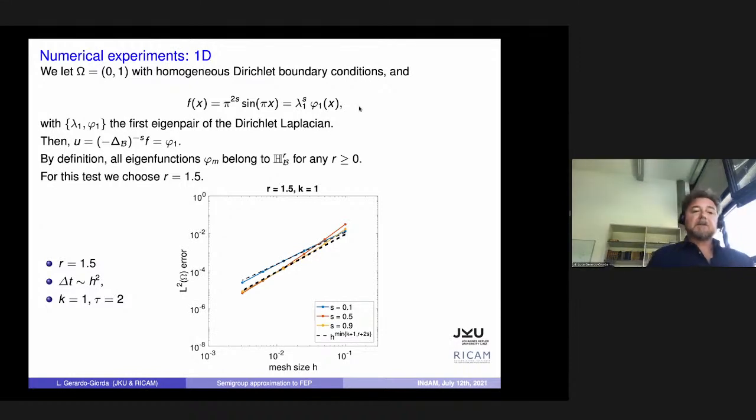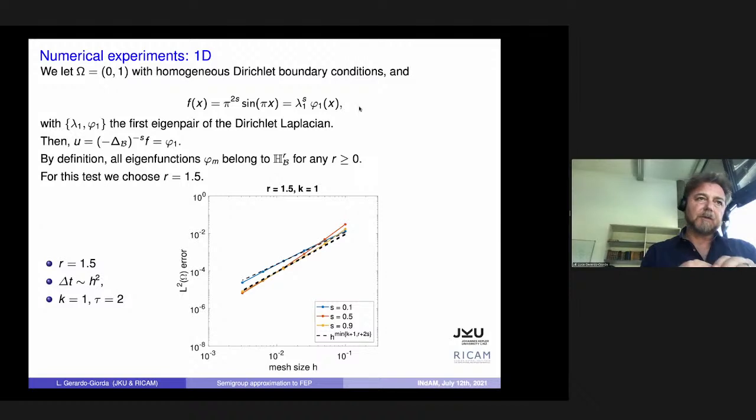In that case, we know explicitly that u is just phi1, and then by definition, we know that all eigenfunctions phi m belong to H^r for any r larger or equal than 0. So in practice, we can decide to pick the regularity that we want here at this stage, just in the sense that depending on the regularity, we get a choice of the quadrature rule.